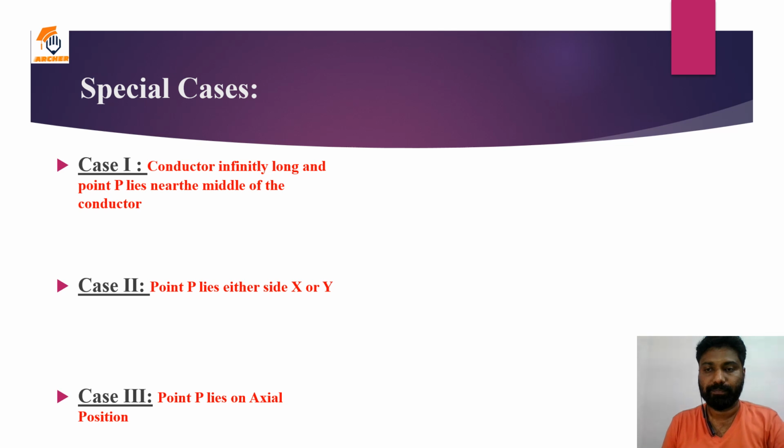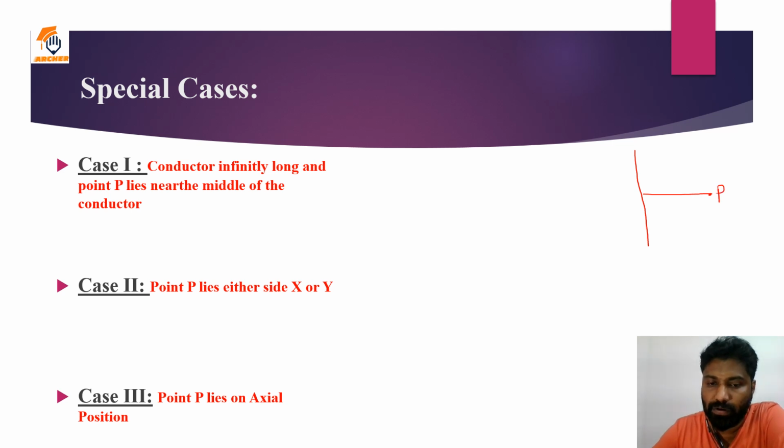So here we have some special cases. The first case is a conductor that is infinitely long and point P lies near the middle of the conductor, like this. So what will happen here? Here phi 1 and phi 2 both will be 90 degrees. What is our equation?